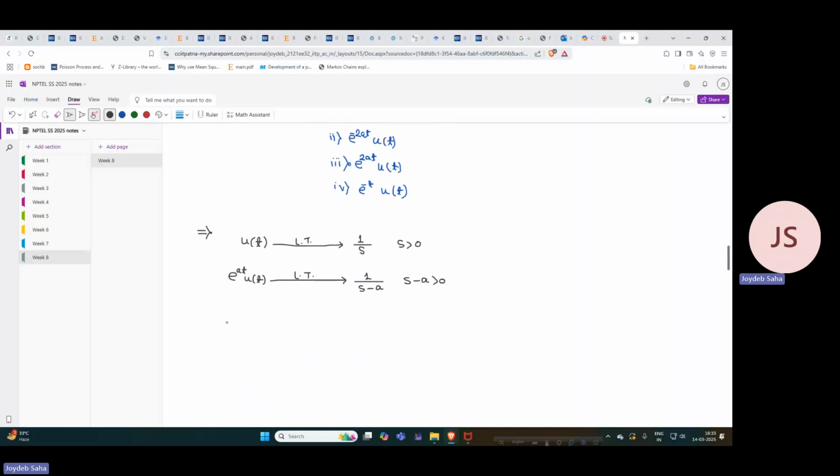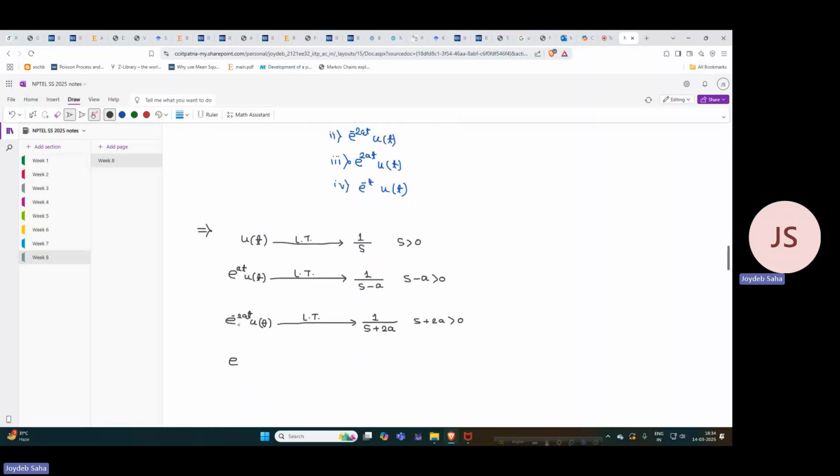Okay. So for e to the power minus 2at u(t), its Laplace transform will be 1 upon s plus 2a, for s plus 2a greater than 0, that is s greater than minus 2a.